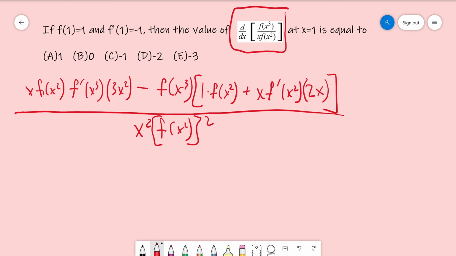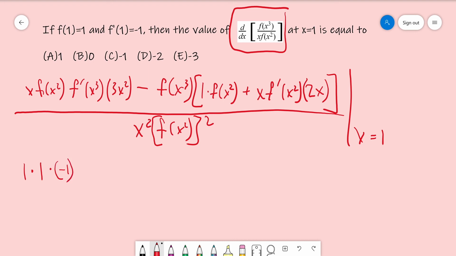Okay, so now let's evaluate this at x equals 1. Well, what do we get? The numerator gives us 1 times f of x squared. x is 1, so that's f of 1. That's going to be 1. And then f prime of 1 is going to be negative 1.